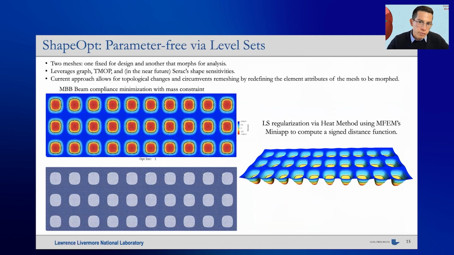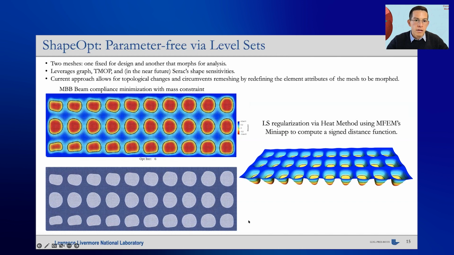And finally, we have option 2, which was a level set based shape optimization. We got these results pretty recently, so bear with me. Remember, I told you that there are 2 meshes in this approach. The first one that you see on the top doesn't change, and this has the level set field, and the one at the bottom is where the analysis is performed. Here you will see that TeaMUp is going to change the mesh as it evolves, but also we are changing the element attribute such that the morphing is not extreme.